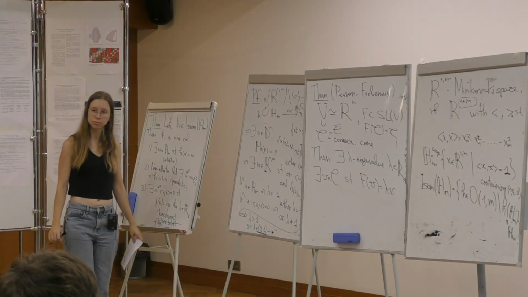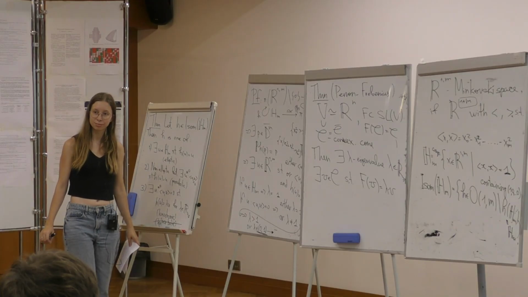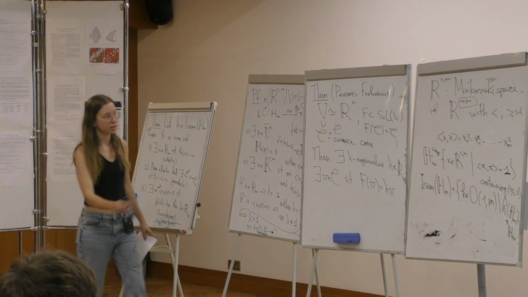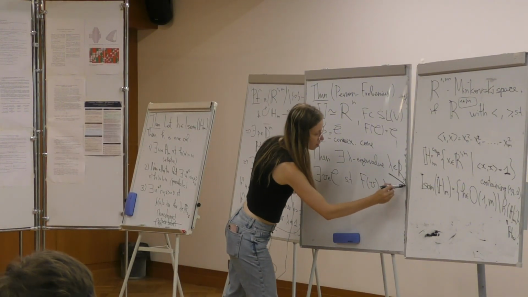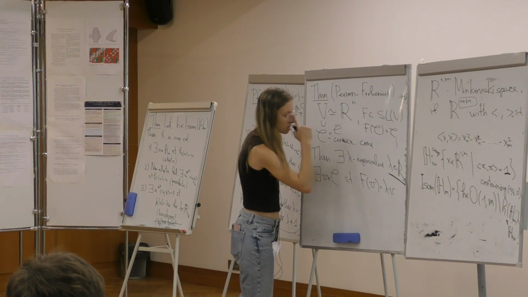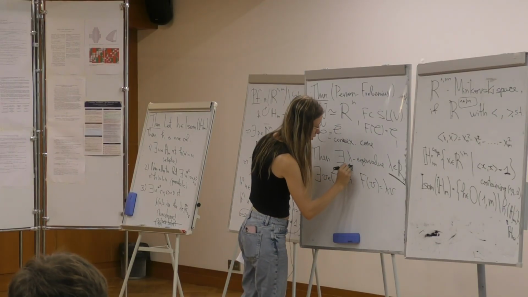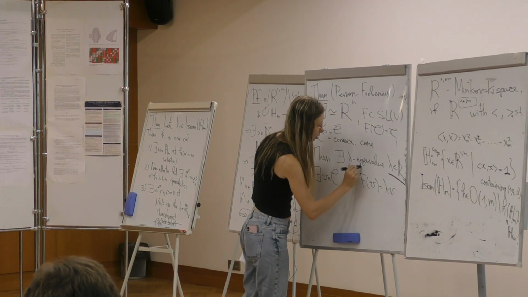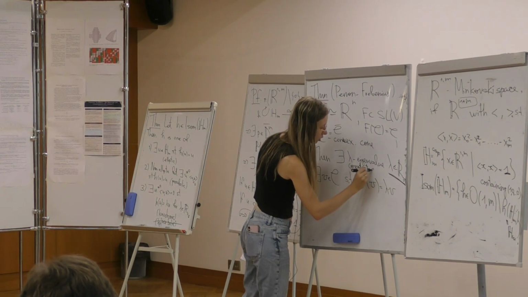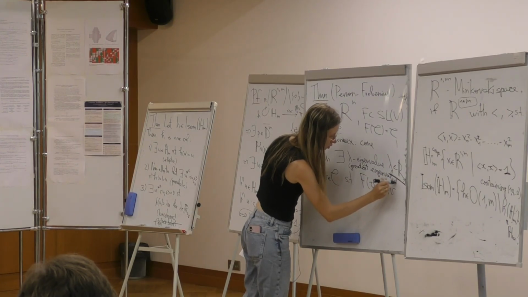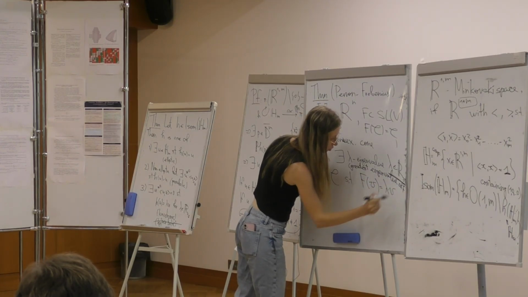This just says that we have some real eigenvalue, that's why it's greater than 1. And this lambda is the spectral radius, the greatest eigenvalue of f.